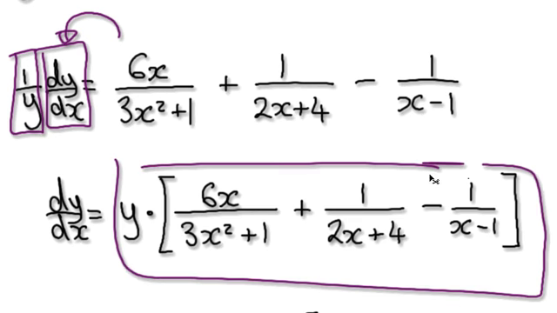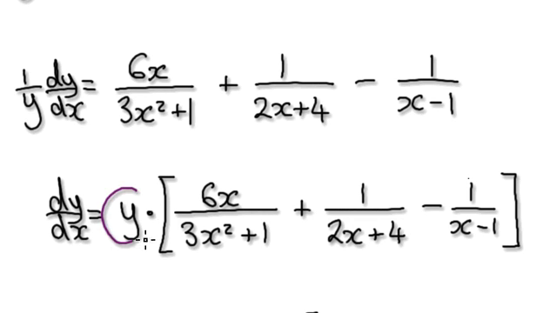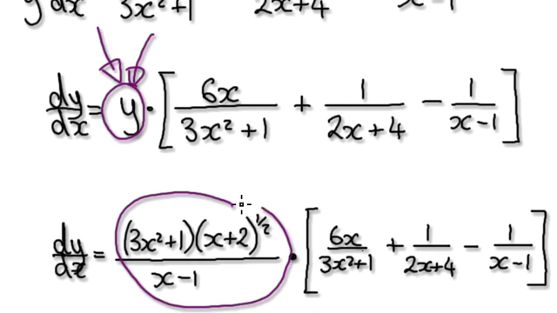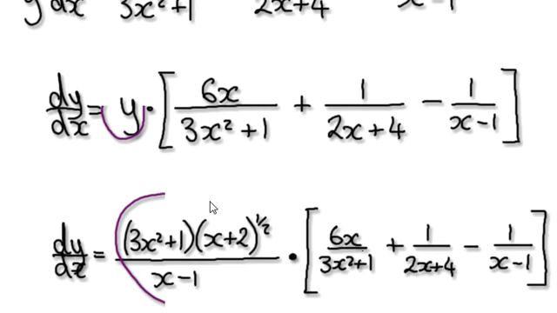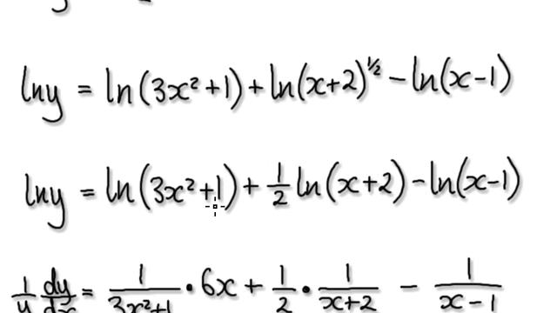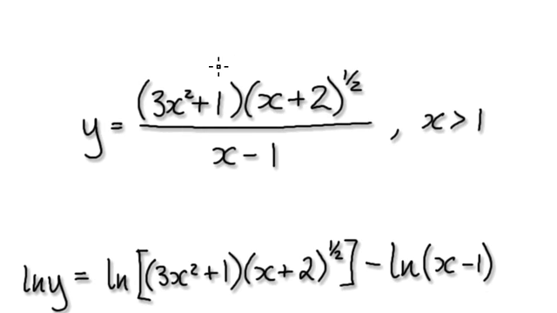But with this technique, you always have to pretty much put the original y back into here. Well, the original y was this. Going back right to the top, don't forget y was this.